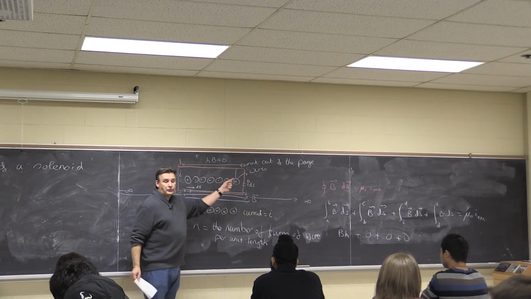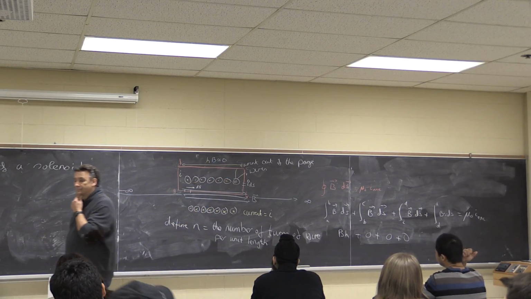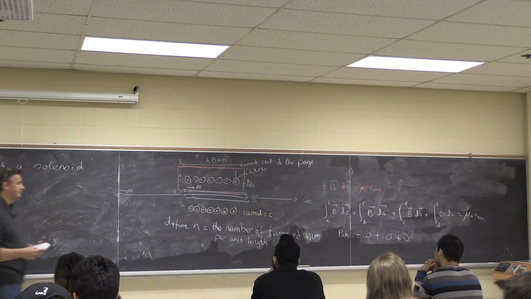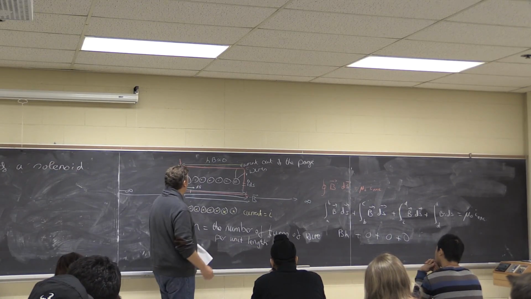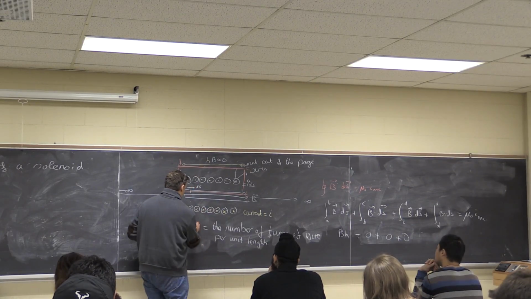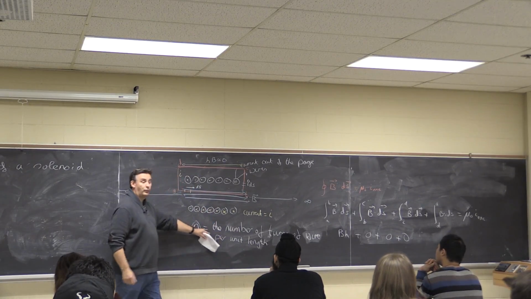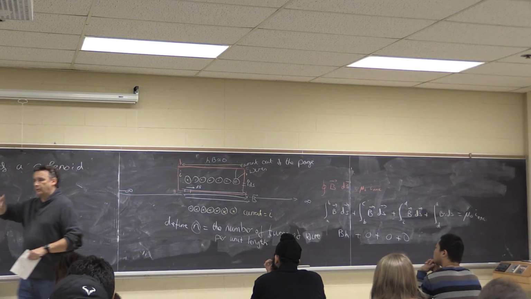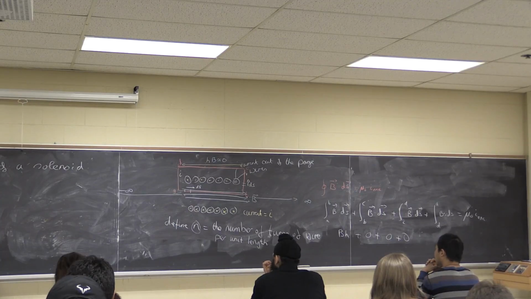So what's the current enclosed? Well, I'm defining n as the number of turns per length. That's the number of times the wire wraps round. I know my length is h.